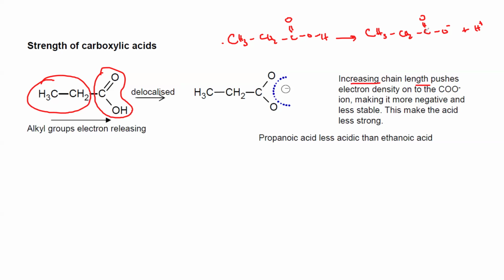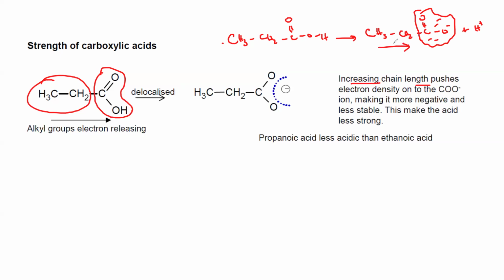So most of the electrons are shifted to this side, which will make it more negative, because the alkyl groups are electron releasing groups. When we say electron releasing, it means that if you compare their tendency to pull electrons with other atoms, they have a very weak tendency to pull the electron.